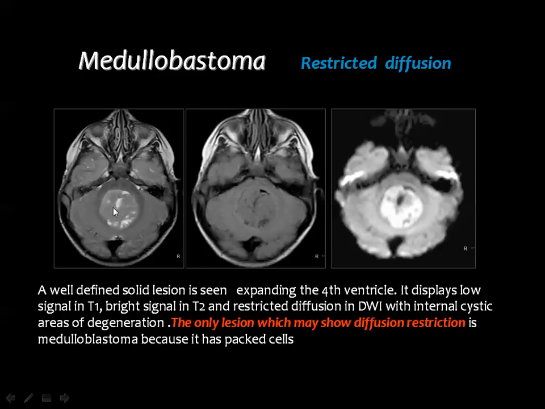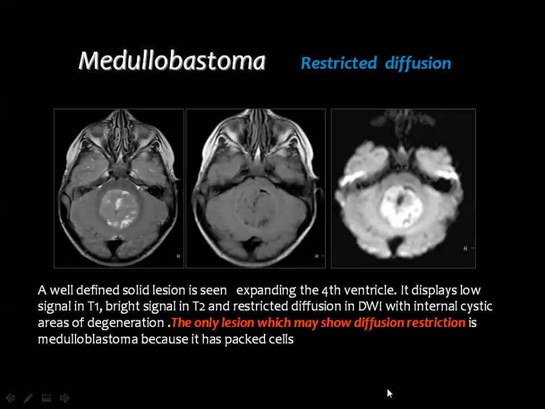The medulloblastoma appears as a little bit bright signal in the T2 and also in the flare. If you inject contrast, it will enhance. But in the diffusion weighted image, you see very bright signal, meaning that there is restricted diffusion.